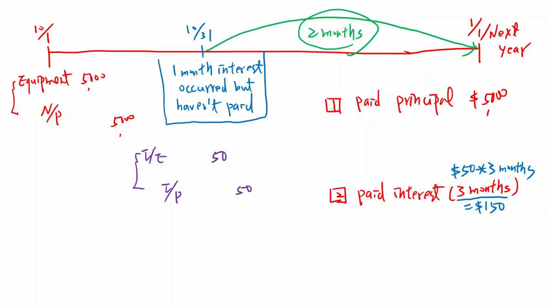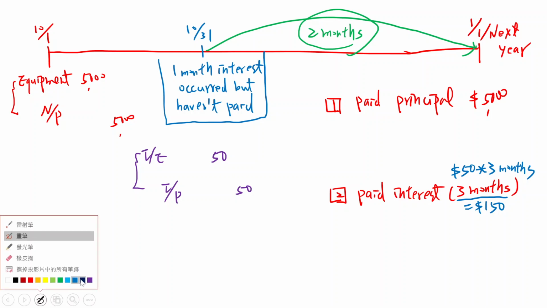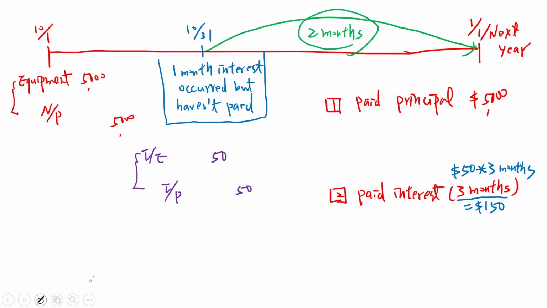You pay cash $5,000. So that made your cash decrease, right? So pay principal $5,000. First effect is what?